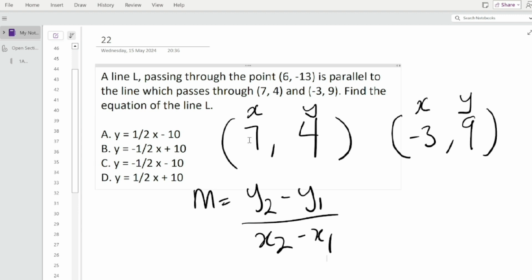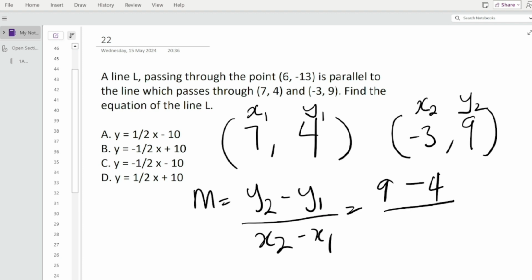We can make this our x1, y1, and this our x2, y2. So our y2 is 9 minus our y1 which is 4, over our x2 which is -3, minus our x1 which is 7.